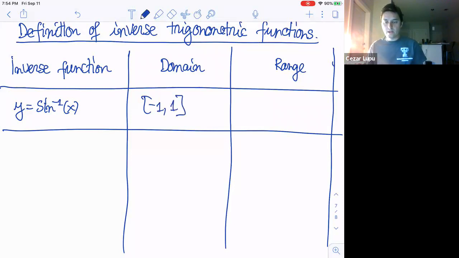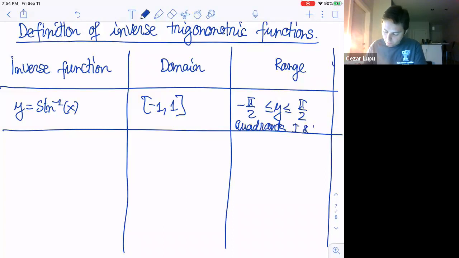And we want to restrict this so that we can have an inverse, so we want to restrict this to -pi/2 and pi/2. So this will be quadrants 1 and 4.